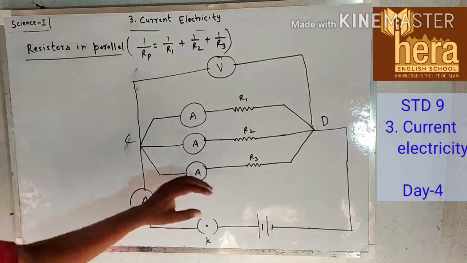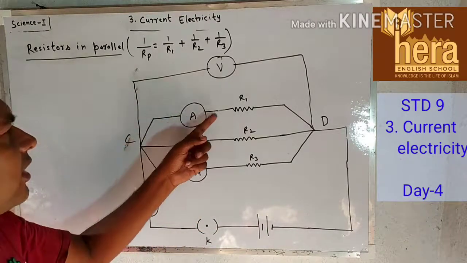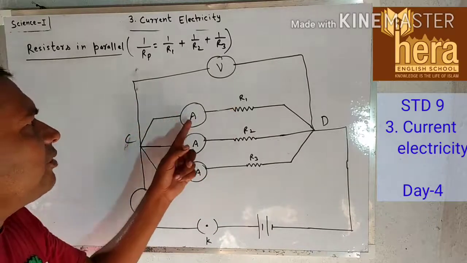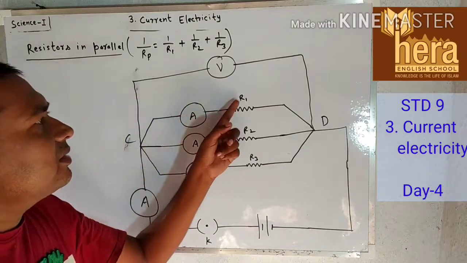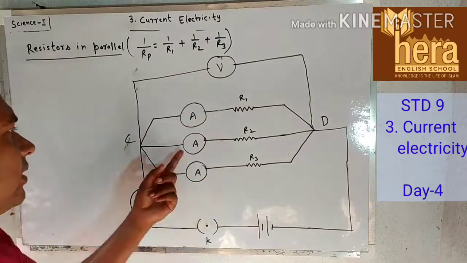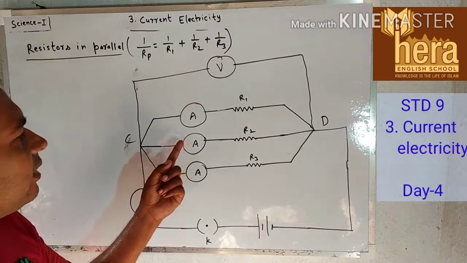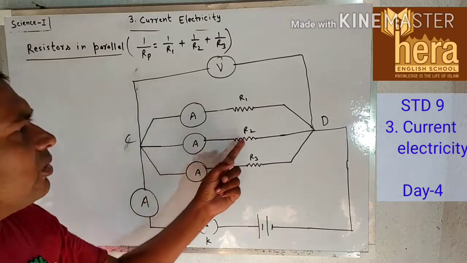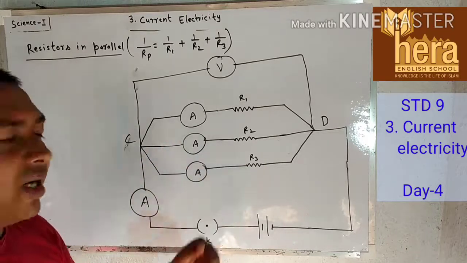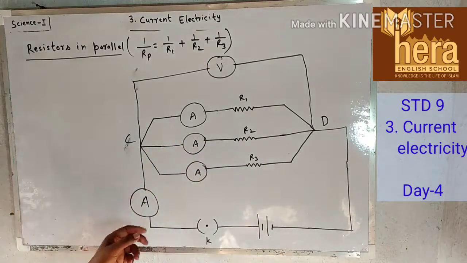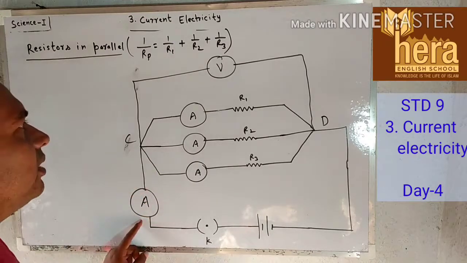Understood? There is an ammeter which is connected to R1 which will measure the value of electric current in the resistor R1. Similarly, an ammeter is connected to R2 and one ammeter is connected to R3. Total current can be measured through this ammeter. Understood?